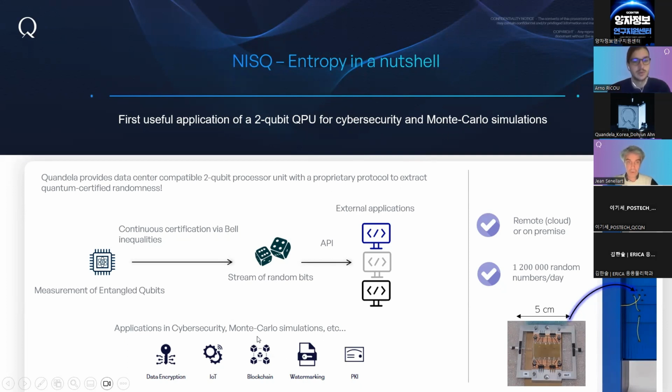It can also be used for blockchain, because you need secure random numbers in this one, the Internet of Things, data encryption, and so on. You can try this algorithm remotely or on-premise using our quantum computer, and the rate of generation is above 1 million random numbers per day.